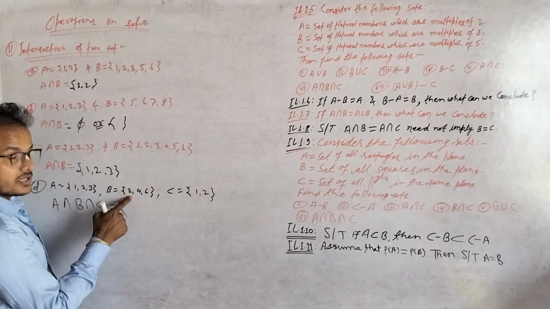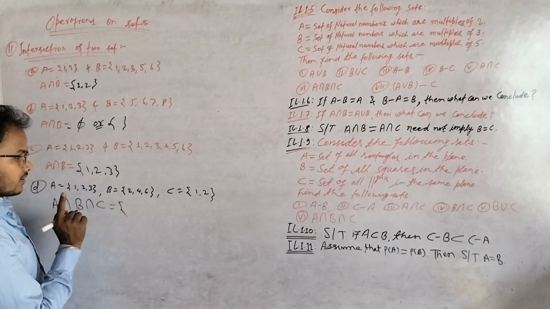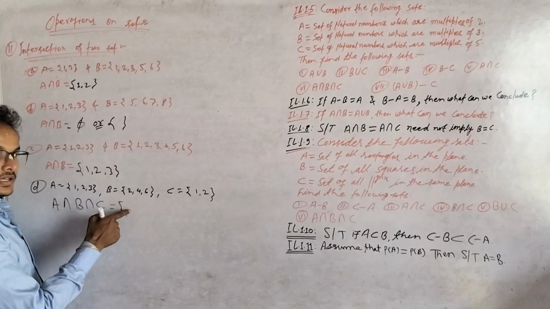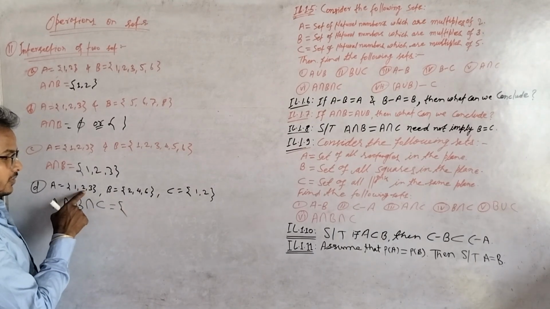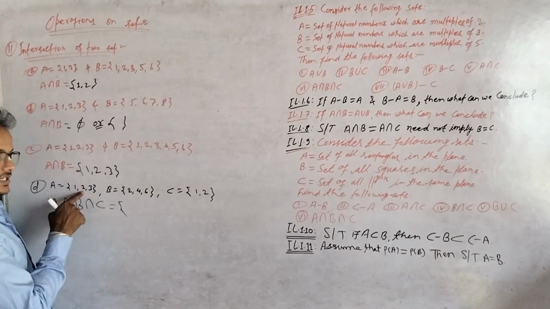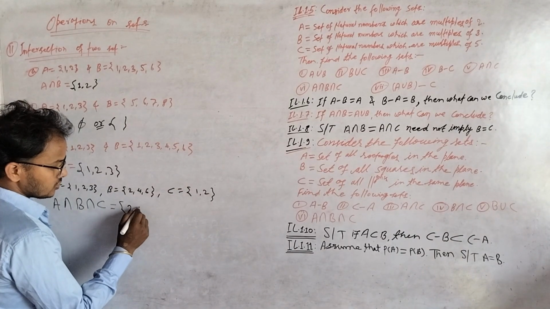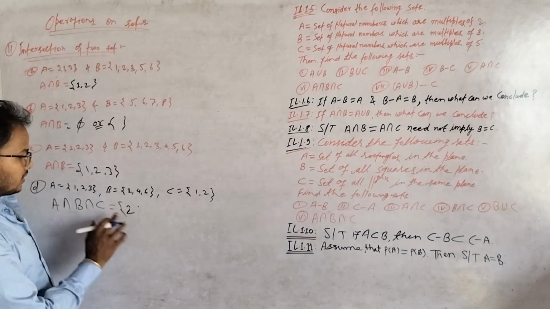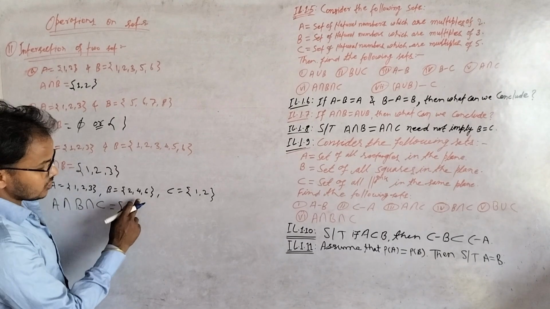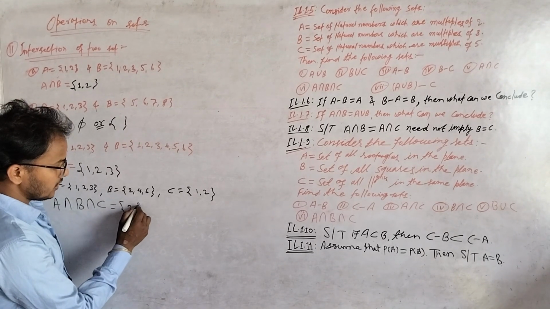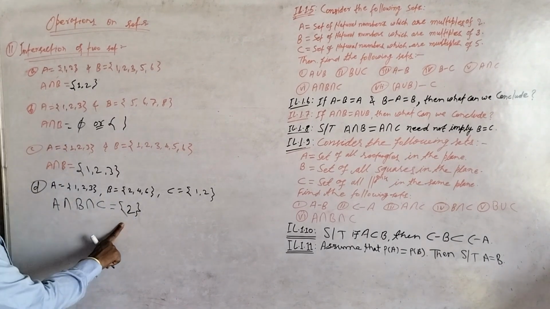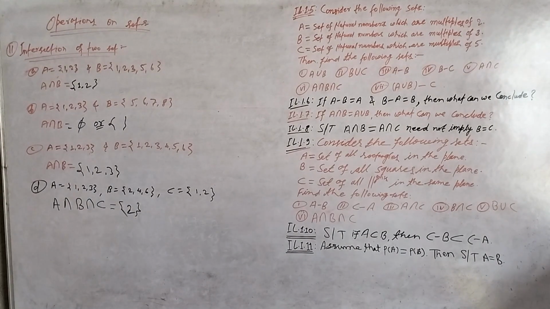One is in A but not in B, so we do not write 1. Two is present in A, also present in B, and also present in C, so we write 2 here. Three is in A but not in the others, so we do not write it. So only the common element is 2. This is our intersection representation.